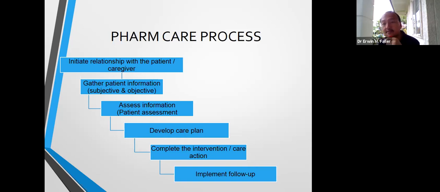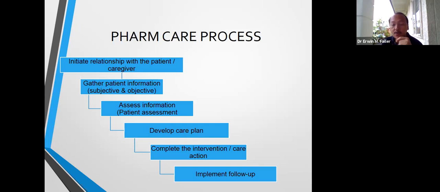After you have developed the care plan, you'll complete the interventions, and then after you develop your intervention, you'll implement a follow-up with your patient.